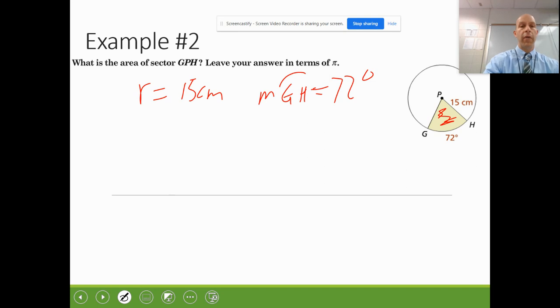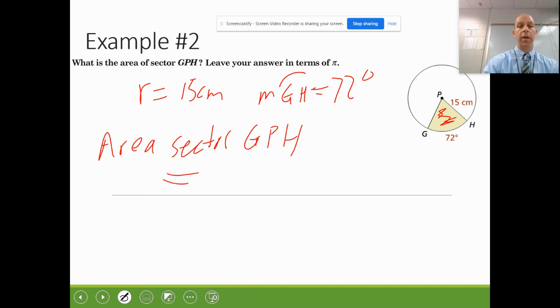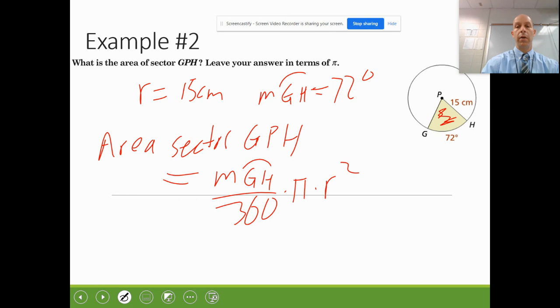So if we want to find the area of the sector GPH, it is simply going to be the measure of the arc GH divided by 360, times pi times the radius squared. And by the radius here is 15. So this is going to be 72 over 360 times pi times 15 squared.